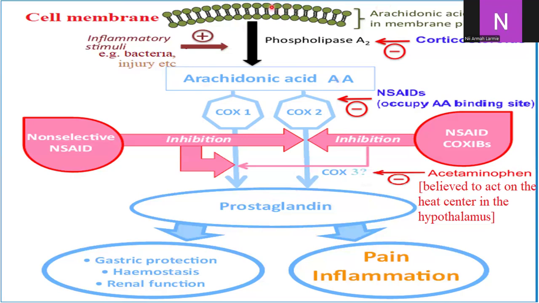However, they inhibit a different enzyme, phospholipase A2, which is actually the enzyme responsible for the release of arachidonic acid from the phospholipid cell membrane. So corticosteroids inhibit phospholipase A2 and prevent the release of arachidonic acid. And this is how they too are able to achieve their anti-inflammatory activity.